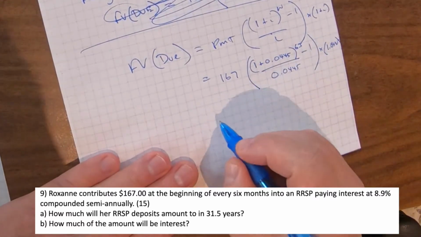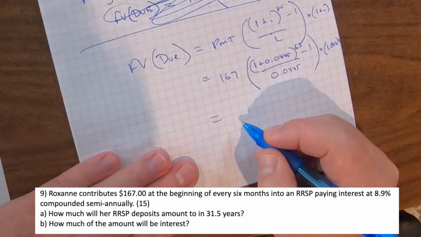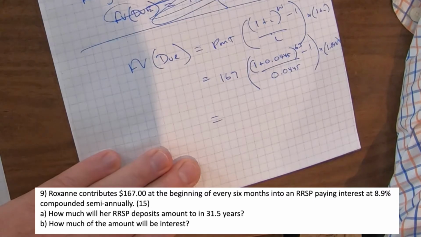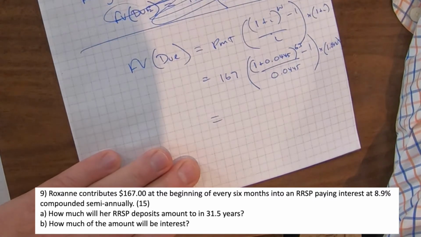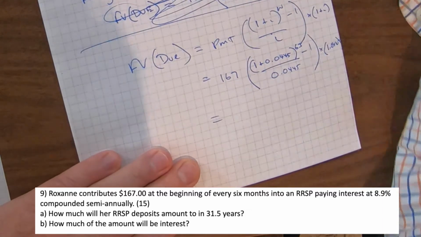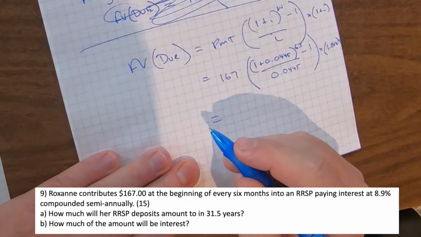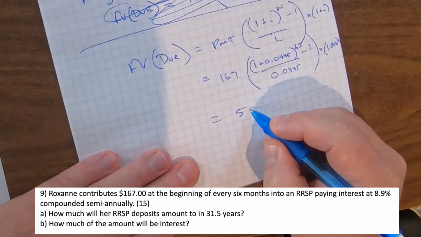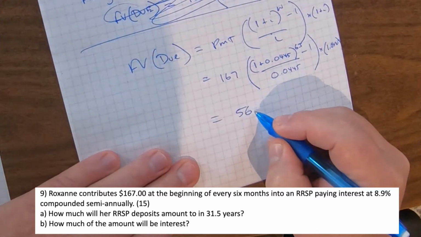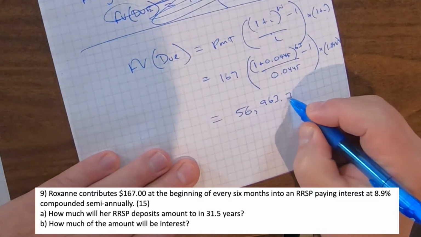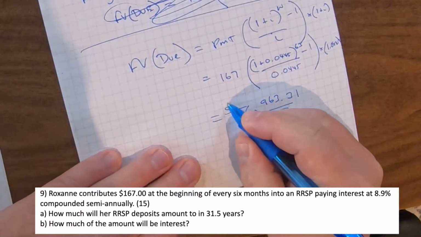Okay, so this is the basic equation. And when we do all the math on that, it would be $56,963.31. So that would be the math on that.